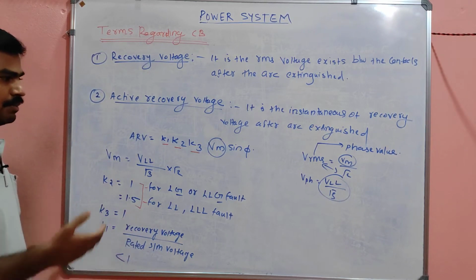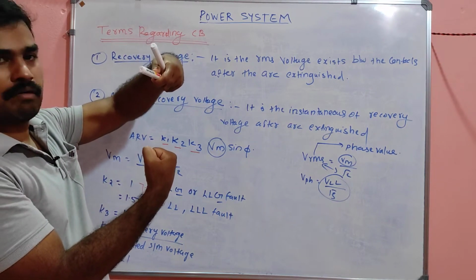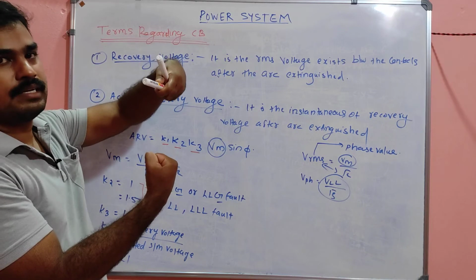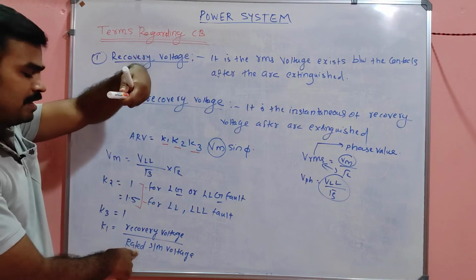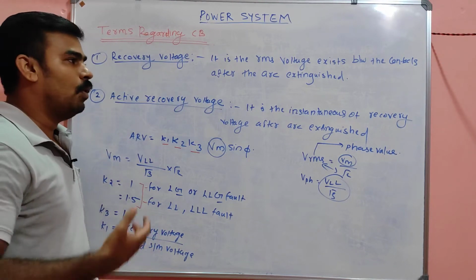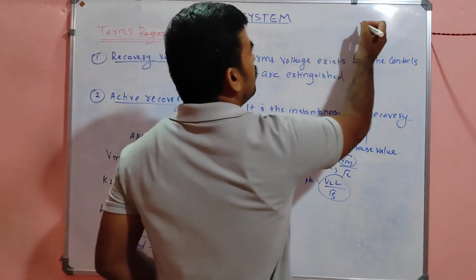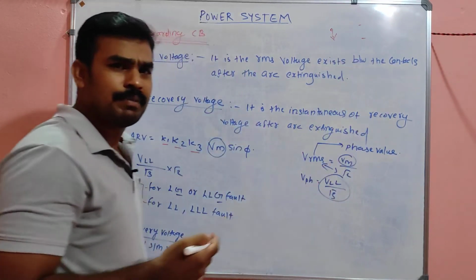Recovery voltage, as we already told you, is the RMS voltage between the contacts soon after the arc is extinguished, but that will always be less than the rated system voltage. The terminal voltage will always be less than the applied voltage. That's a simple principle.